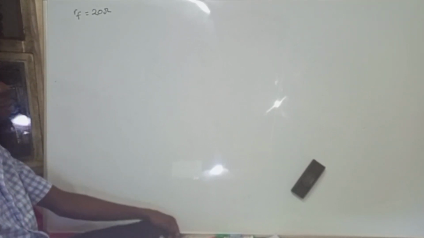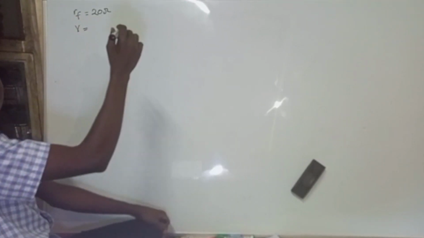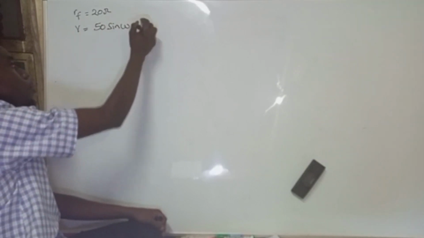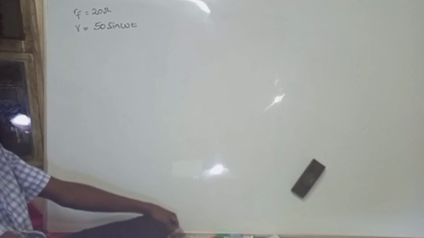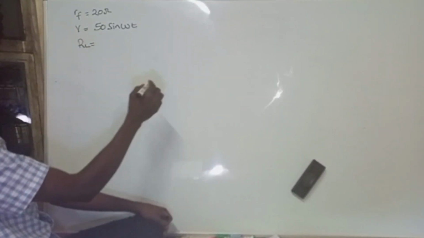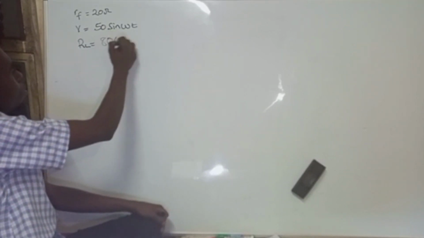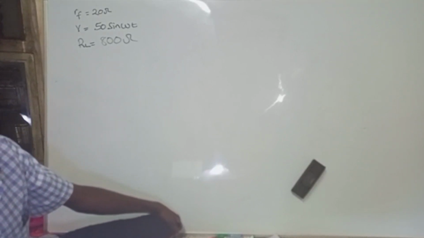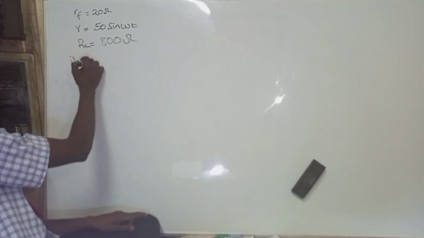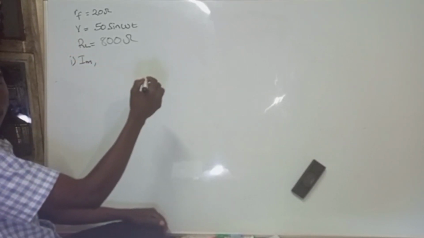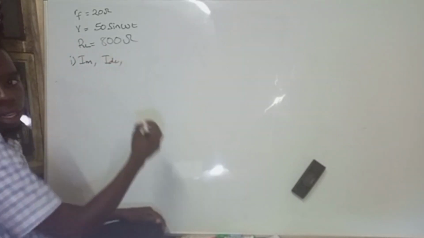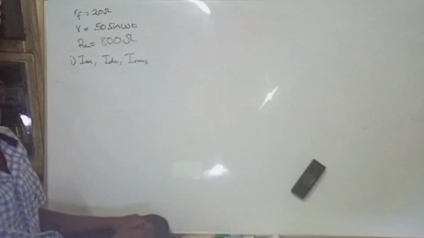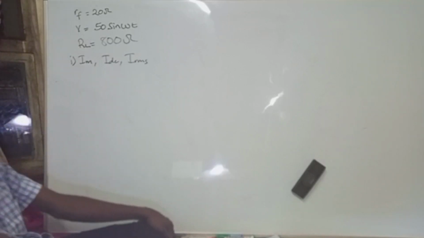If the applied voltage V is equal to 50 sine omega t, and the load resistance RL is equal to 800 ohms, they want us to find, let us go slowly, IM, then IDC, and then IRMS. So that is our question.